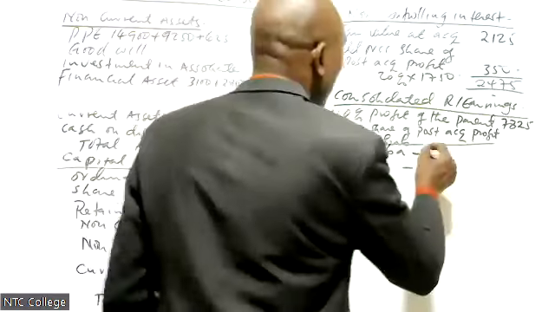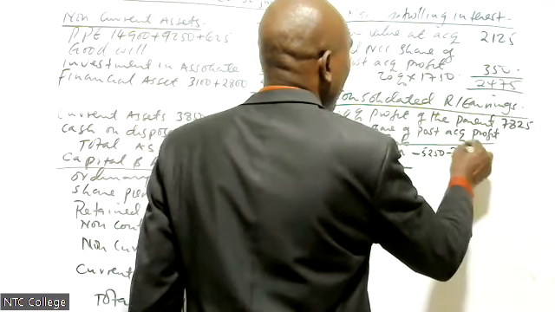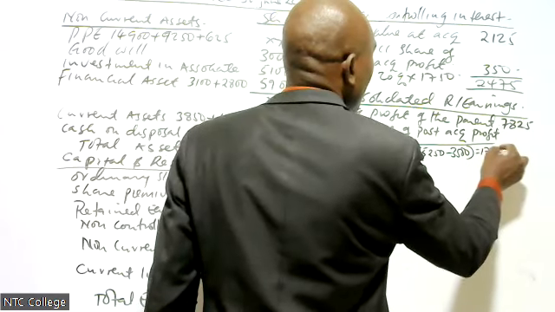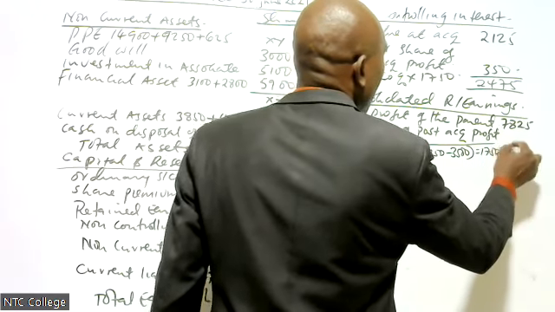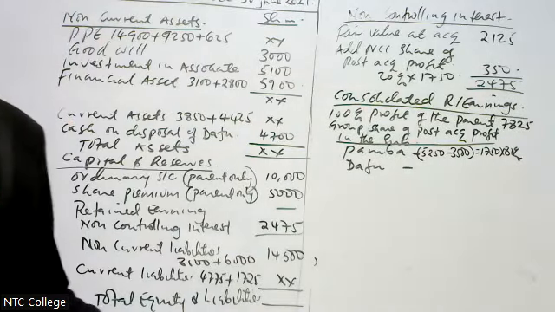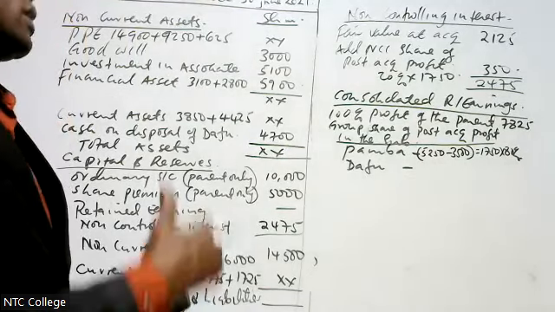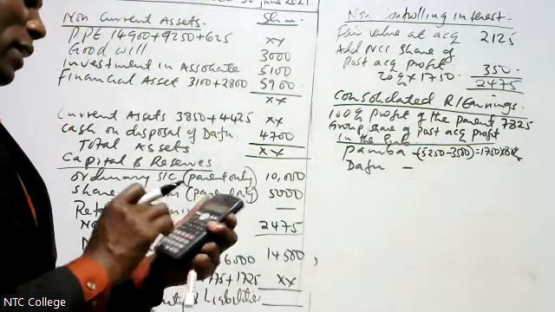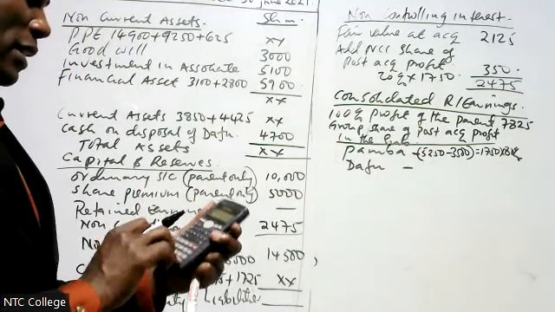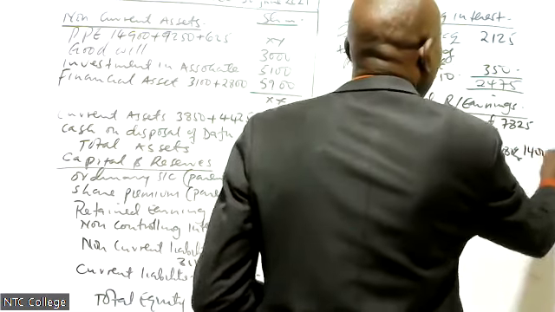Therefore, for Pamba, we are going to take 5250 minus 35. Already we have done it. We get 1750 times 80% post-acquisition profit. Already we did that in the NCI. Therefore, I get 1750 times 0.8. I'm getting 1400. I come to add 1400 there.